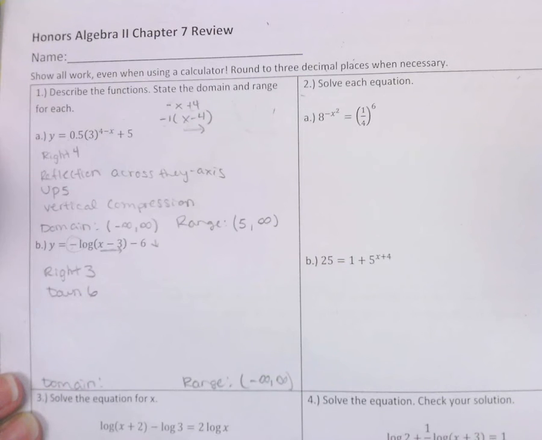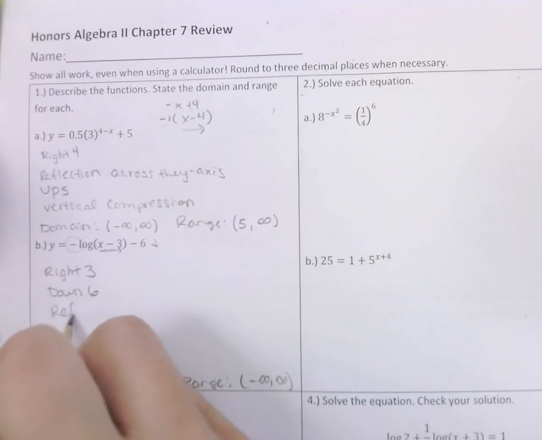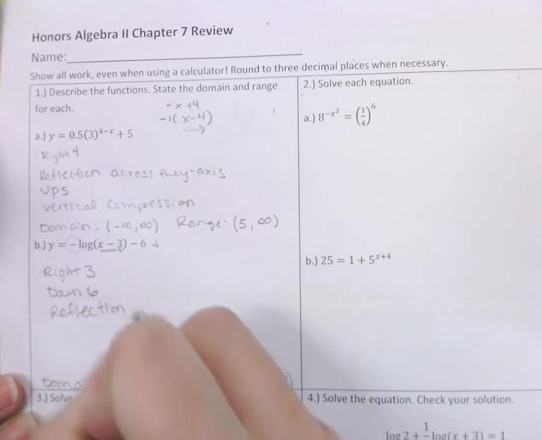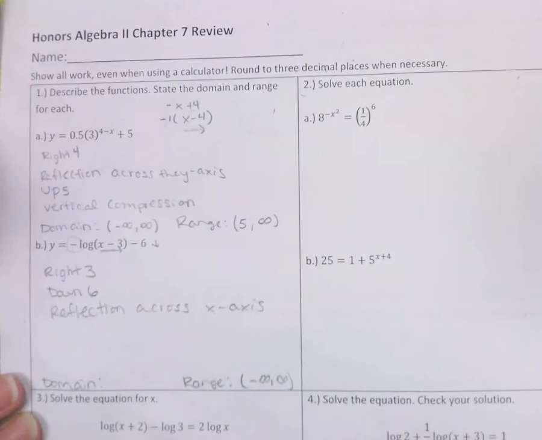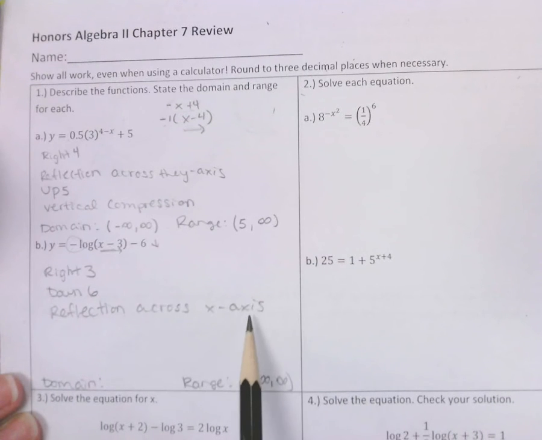Remember I said if there's a negative in front, that's a reflection, so vertically across the x-axis. That would typically affect our range, but since our range is all real numbers, it's not going to affect anything.